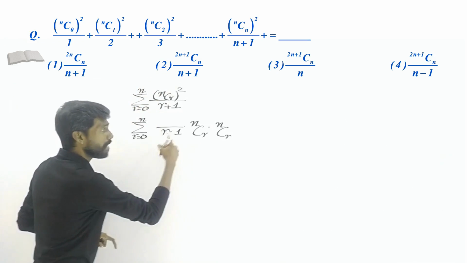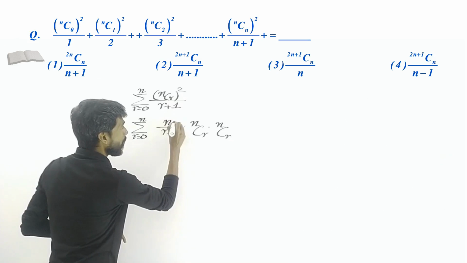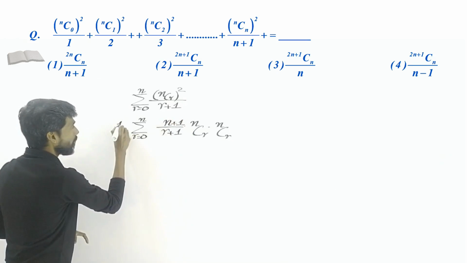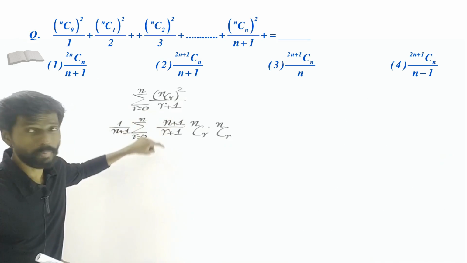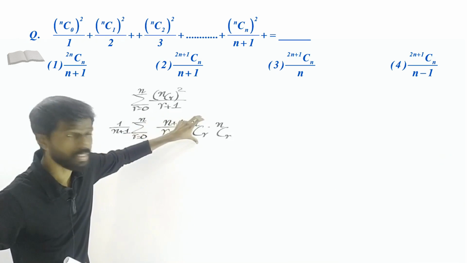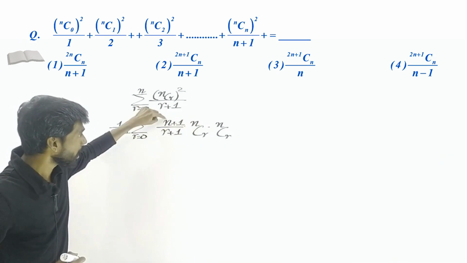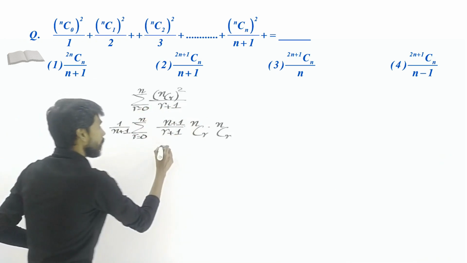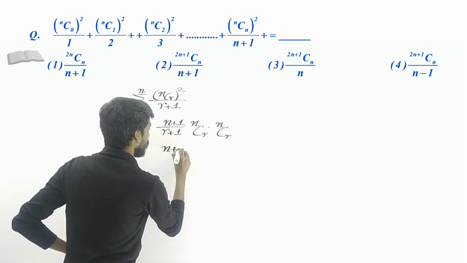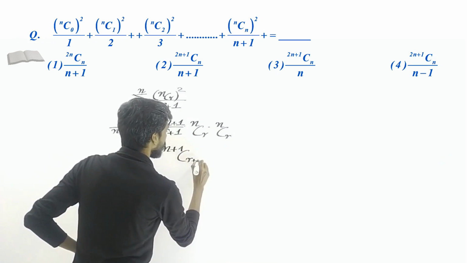We can combine it with this one. Multiply by n plus 1 and divide by n plus 1. n is a constant, so you can take it out. Now you combine this, and it becomes n plus 1 by r plus 1 times nCr, and by the same formula it becomes (n plus 1)C(r plus 1).